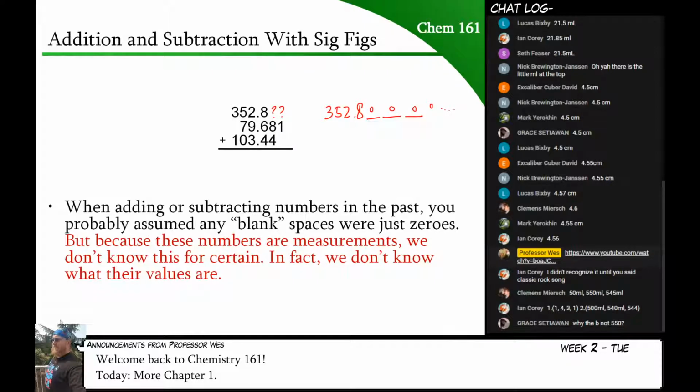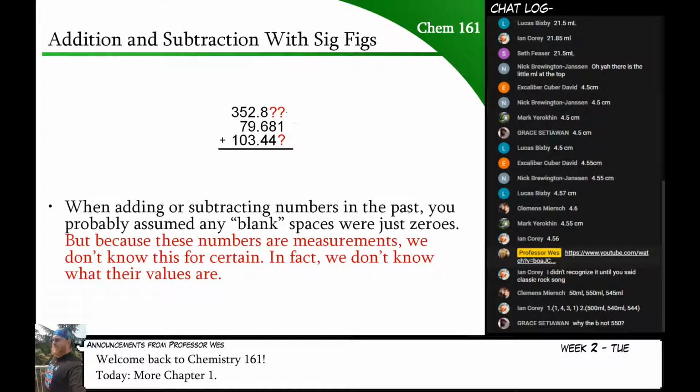Like, the odds of that happening are essentially zero, right? So when I have digits that follow my known sig figs, they're assumed to just be question marks. Because they can be any number that we can think of, really.